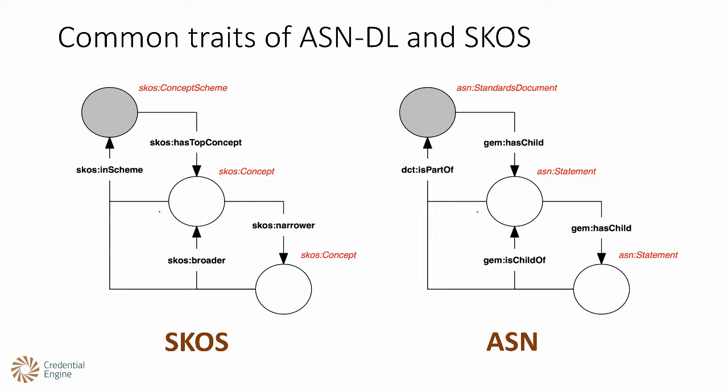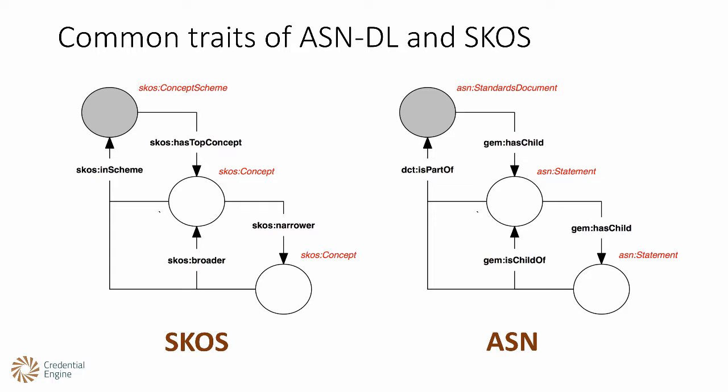Now, we're coming close to the end. Common traits: notice the two, ASN and SKOS. Basically the same structure, a two-entity model. You might ask, then why are we using two? Why don't you just use one? It's because the vocabulary to describe a concept in a SKOS is a different set of vocabulary.